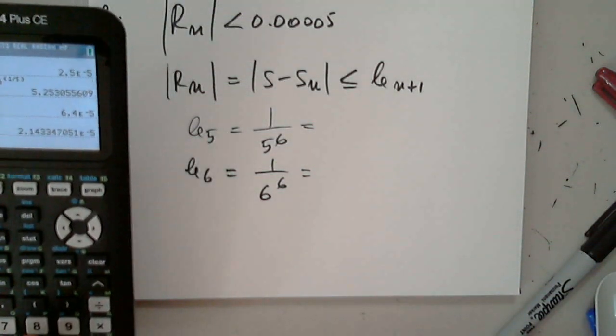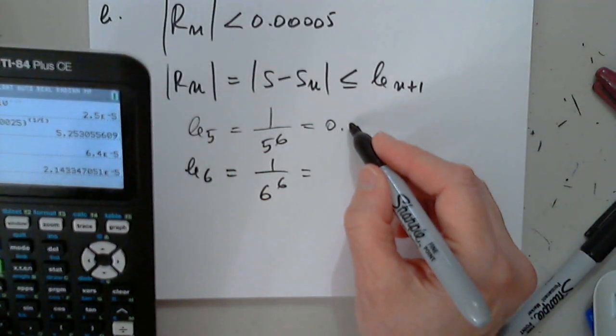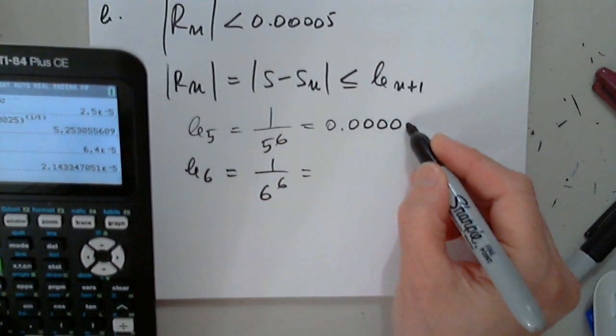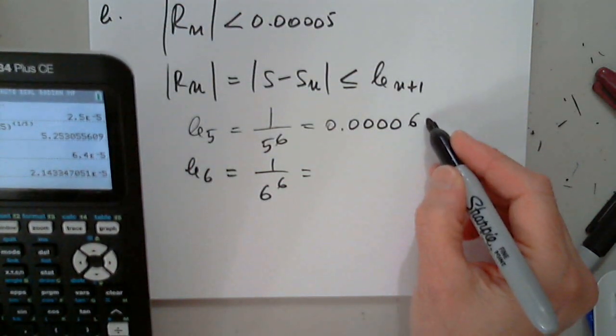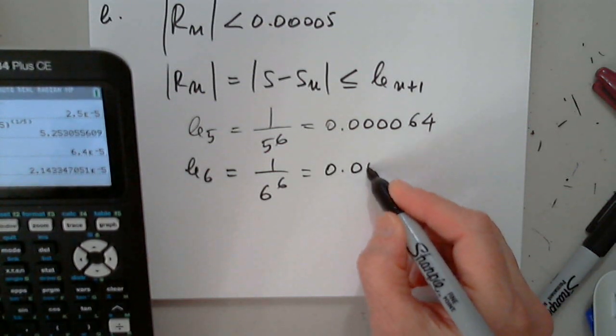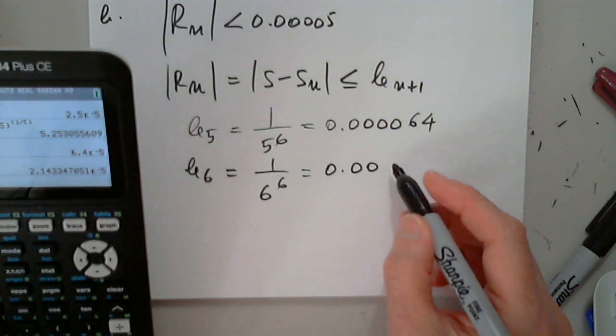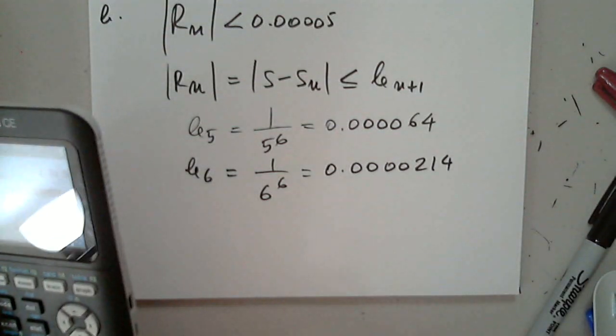And let's see what we get. This is 0.1234464, and this is 0.0000214.